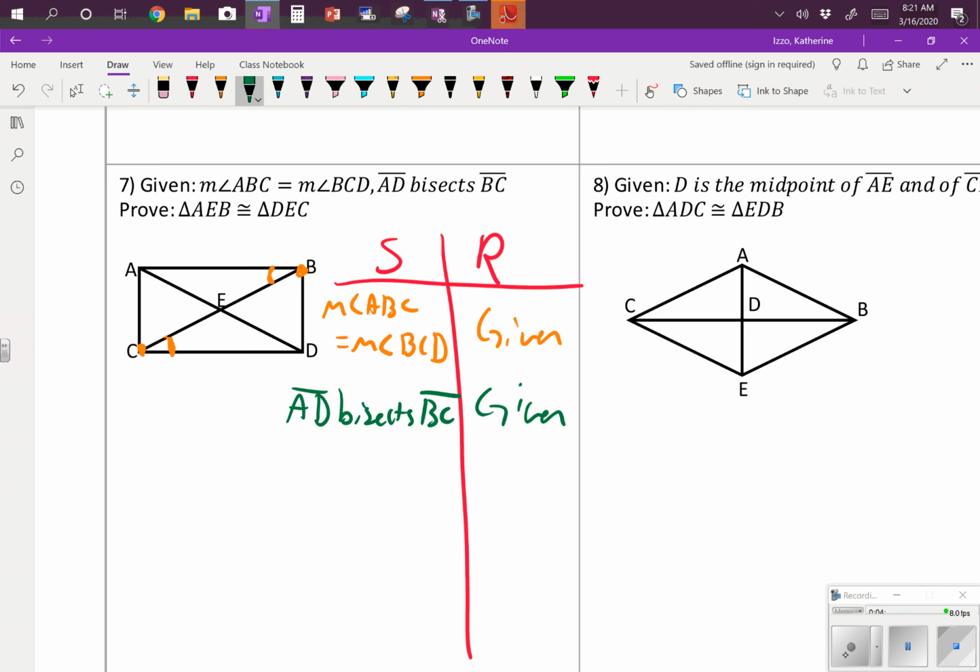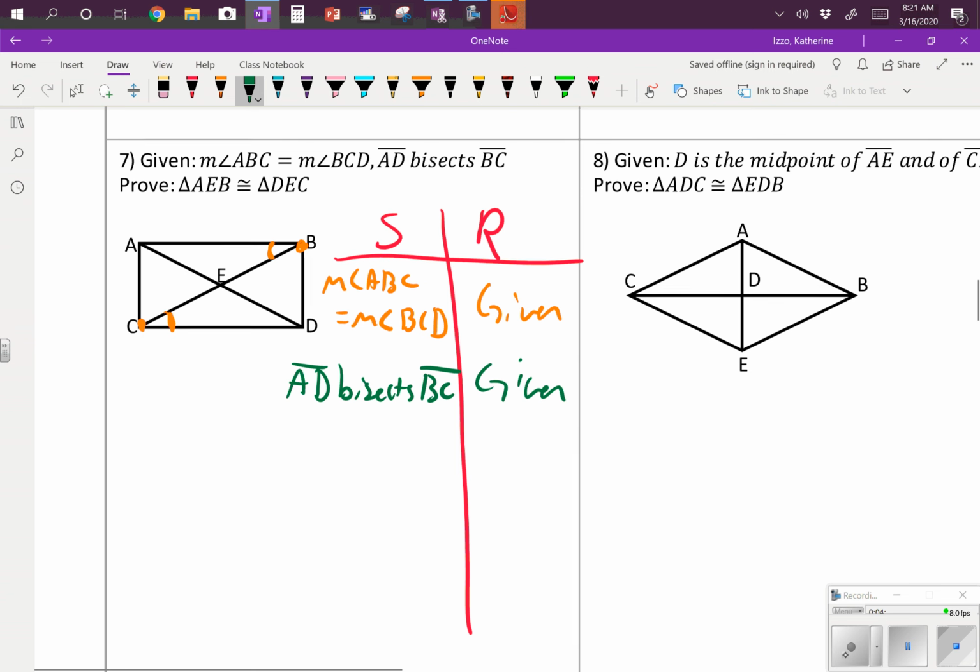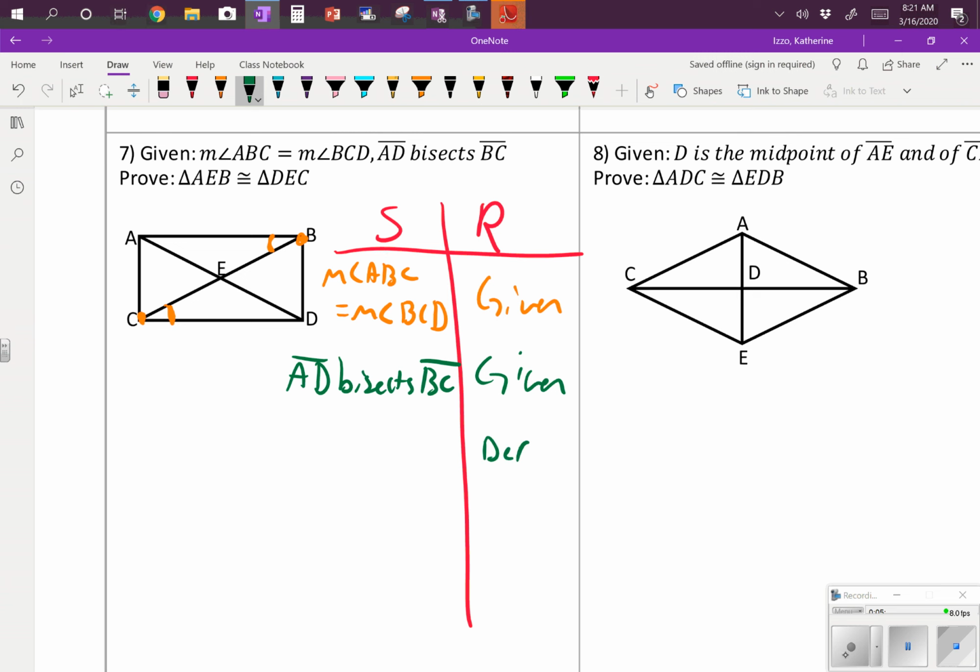Now, because we have the word bisects, the next thing we have to do is definition of bisects. That's very, very important. Make sure you've got definition of bisects. Now, we are bisecting BC here. So BC is this line right here.